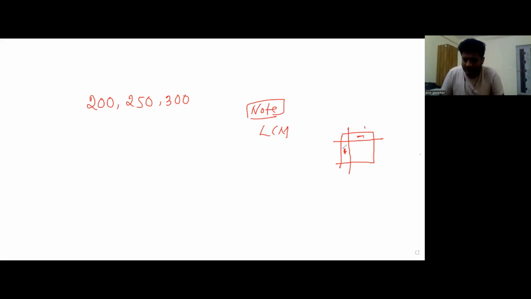So write down a note. LCM can never be smaller than the given numbers. We took the example of 8 and 6 also. What was the LCM of 8 and 6? 24. The HCF was 2.